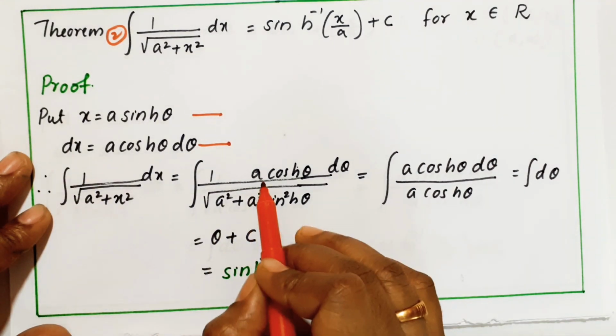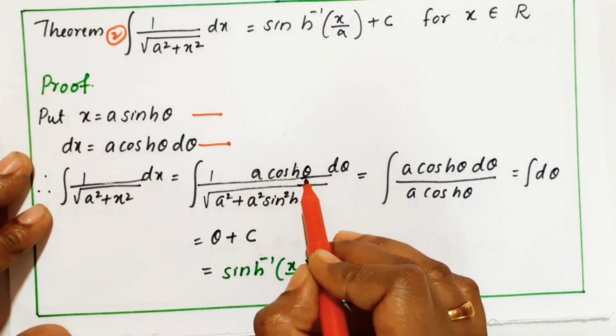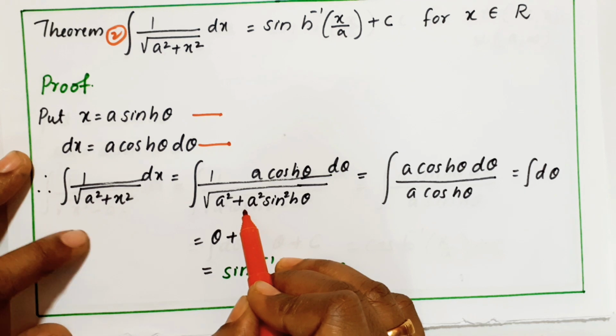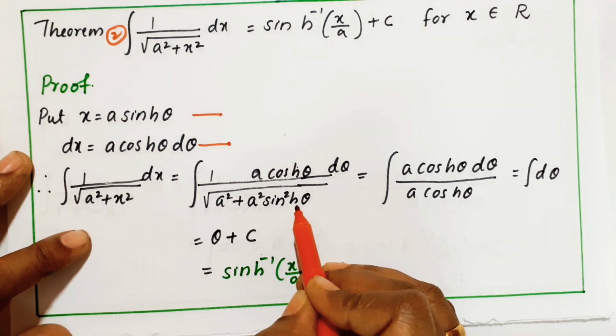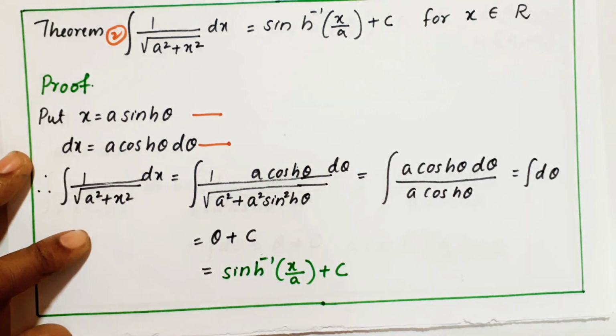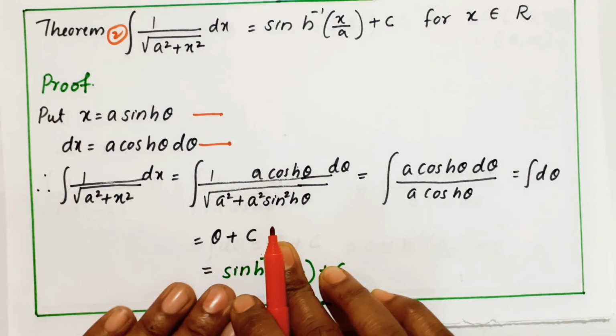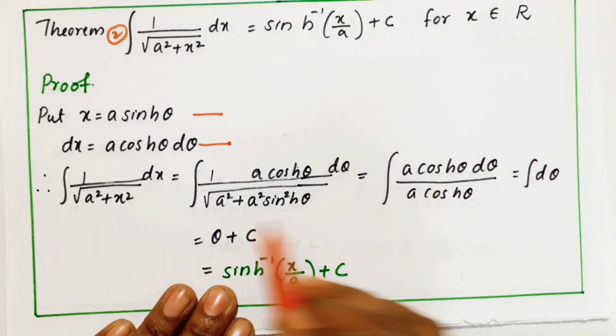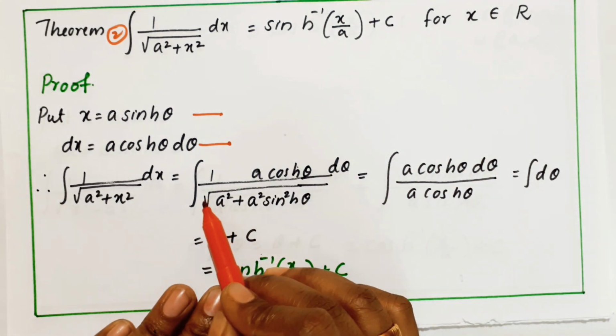We can write a cosh theta by root over a square plus a square sinh square theta d theta.